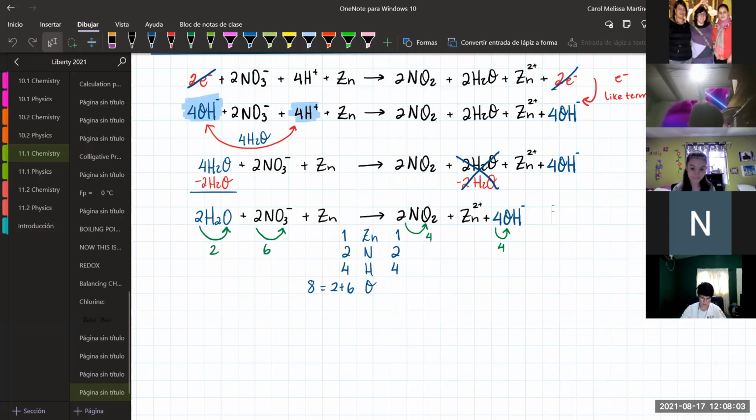So in total, I have 4 plus 4, that also makes 8. So in here we see that the equation is balanced by the number of atoms. So far, so good, but we haven't finished, okay? Remember what I said before.